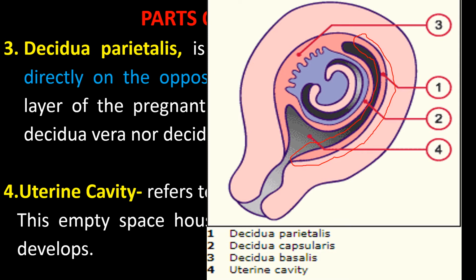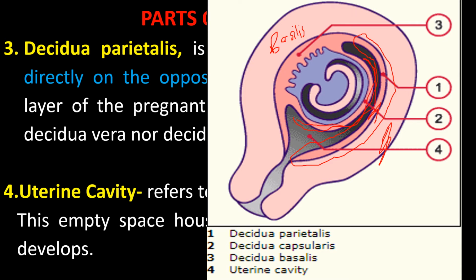So where we see the decidua basalis, opposite to it is the decidua parietalis, this part here. And number 4 is your uterine cavity, which refers to the space inside the womb of the mother, where the fetus will grow.